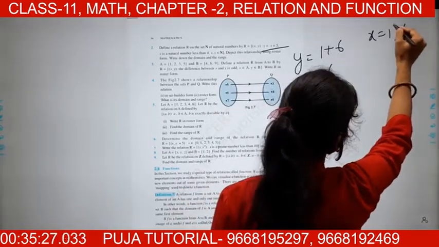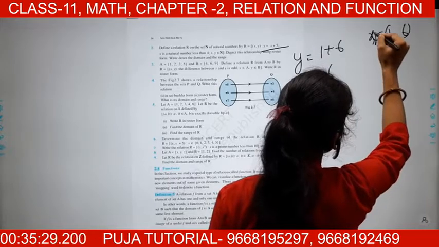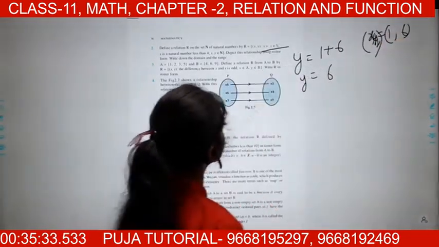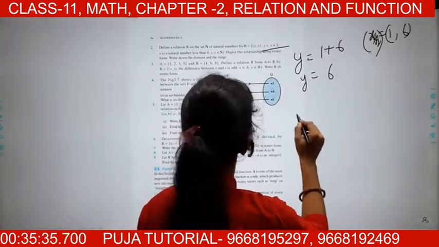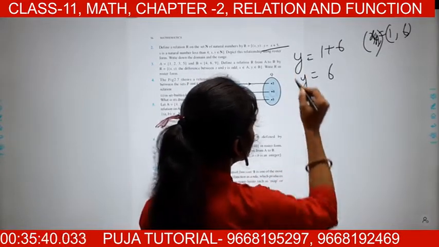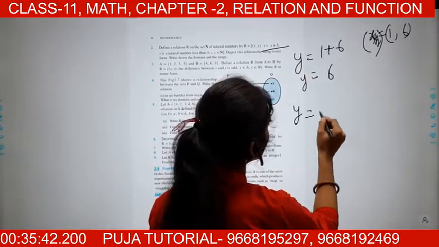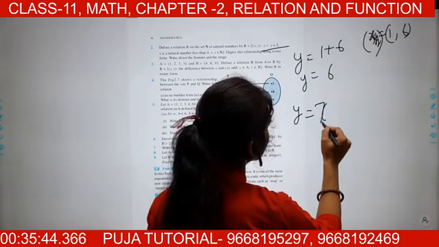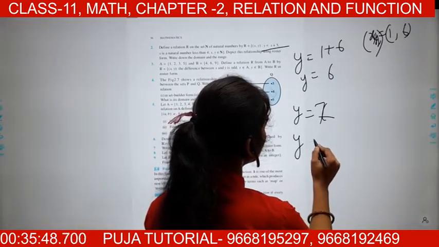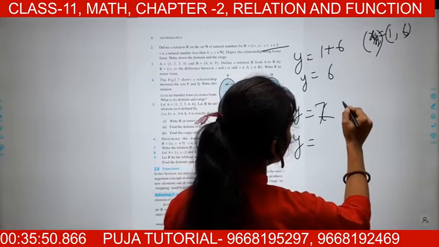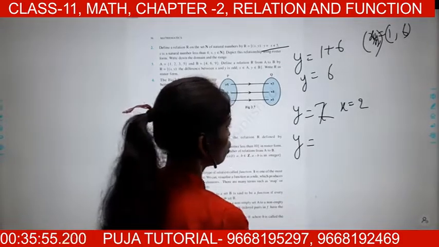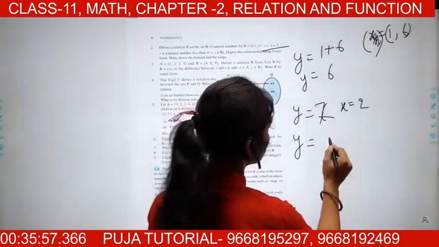The first ordered pair (x, y) will be 1, 6. The second: if you put 2 in place of x, you will get 7. When you put x is equal to 3, y is 8.